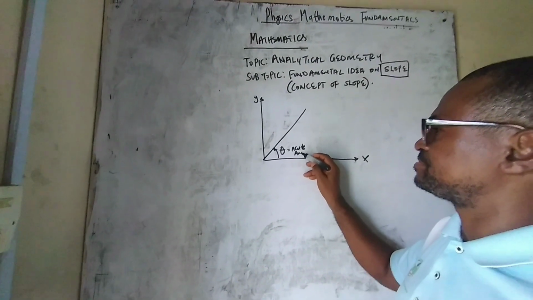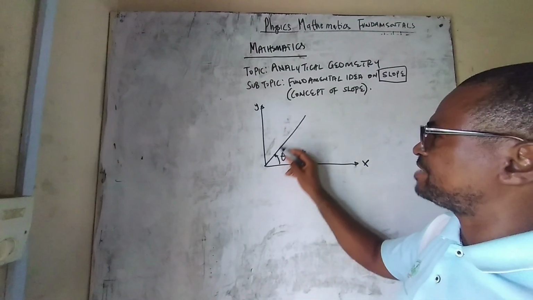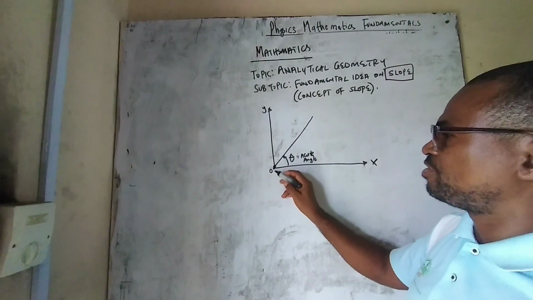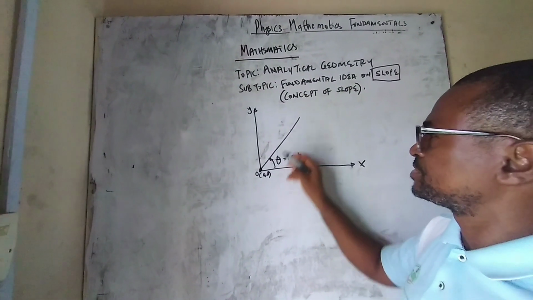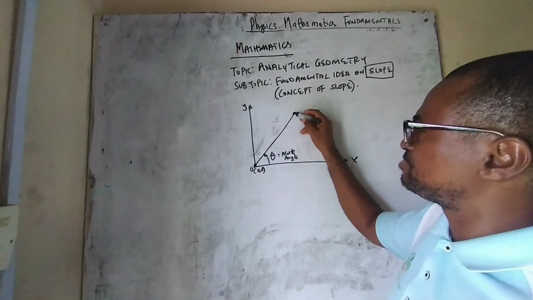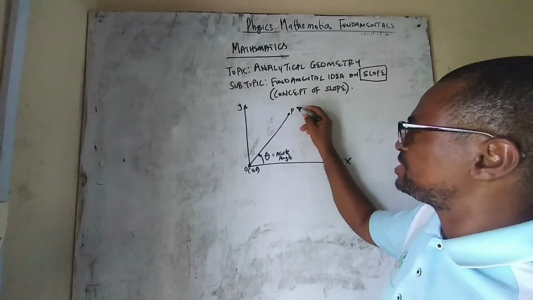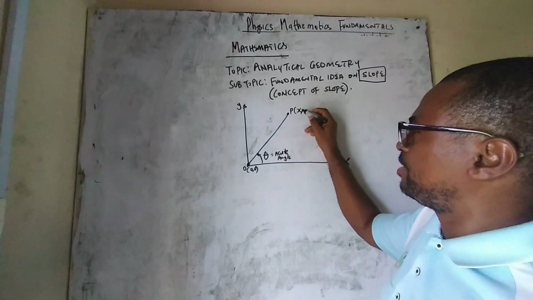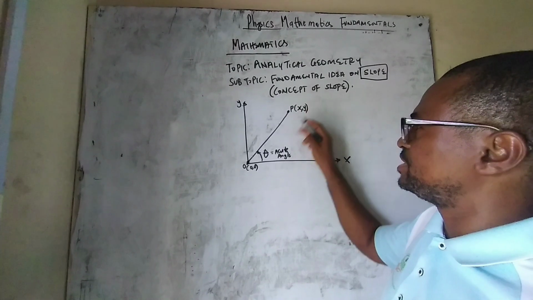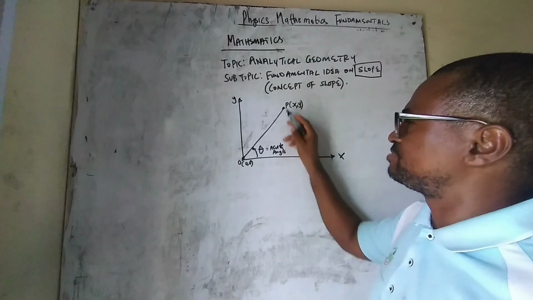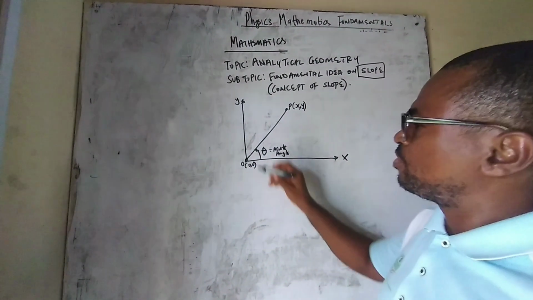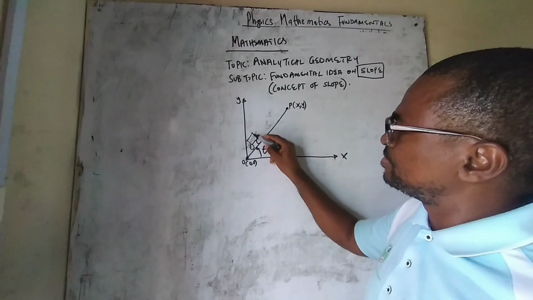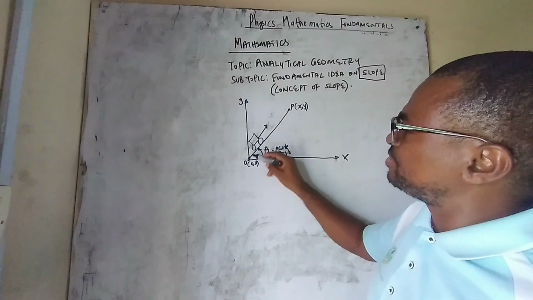Now, this particular line is coming from the origin, and the coordinate of the point at this origin is (0, 0). The coordinates at the end of this line, let's take it as point P, is any arbitrary (x, y). We are continuing this straight line. Now, consider a vehicle moving from this origin along this straight line.